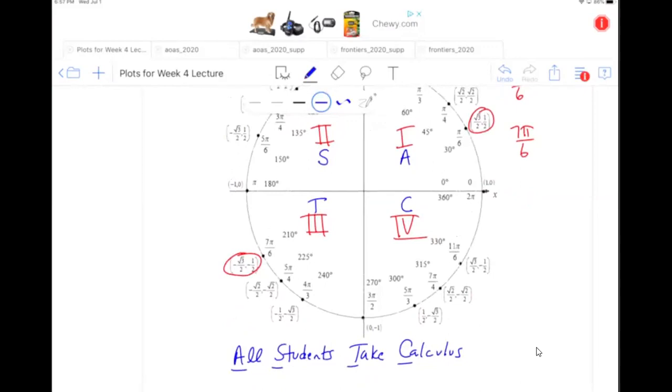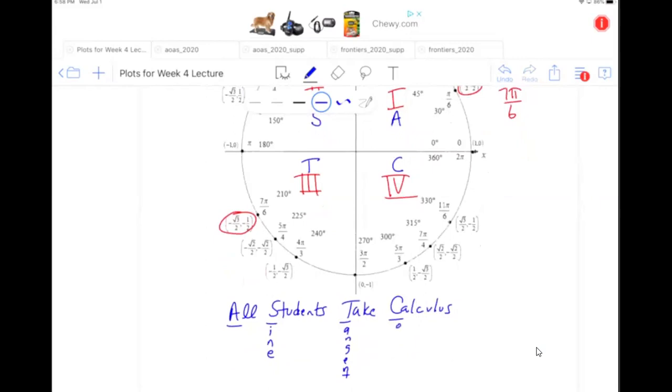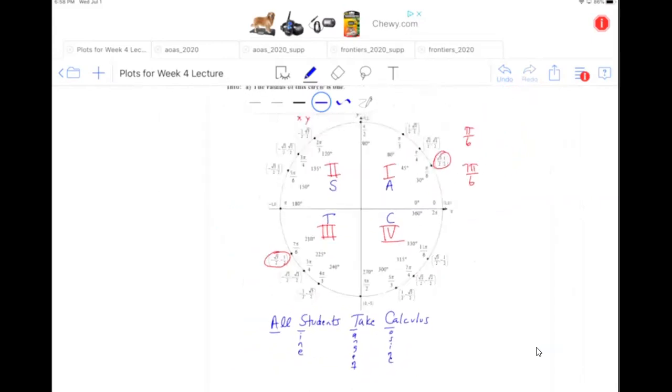Okay, and A lines up with the first quadrant where everything's positive. So all actually corresponds to everything, right? Every trig function is positive. S, T, and C actually stand for sine, tangent, and cosine. So in quadrant 2, the S corresponds to sine.